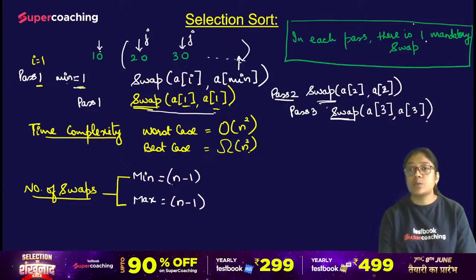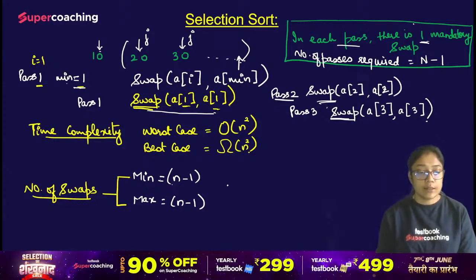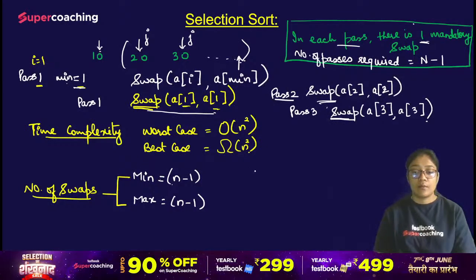Number of passes required to sort is n minus 1. Make sense? Yes.